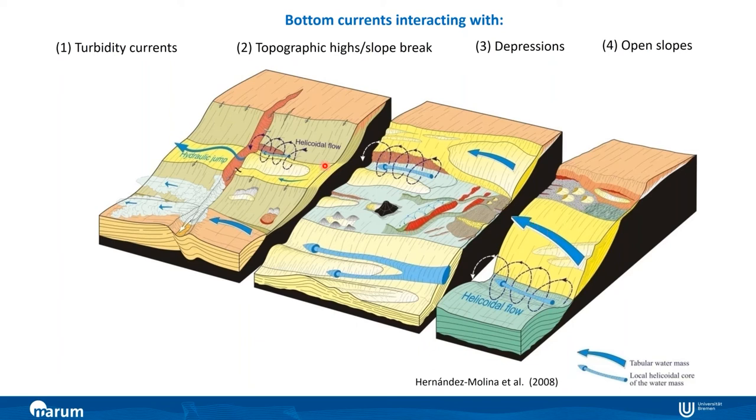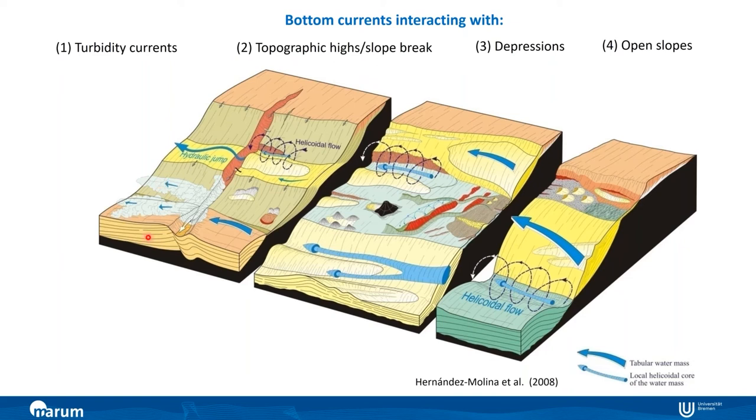So of course we can have the example of submarine channel formed by gravity-driven processes that can at the same time interact with bottom currents that are flowing along the slope. And when they are flowing along the slope, we usually call them also contour currents.